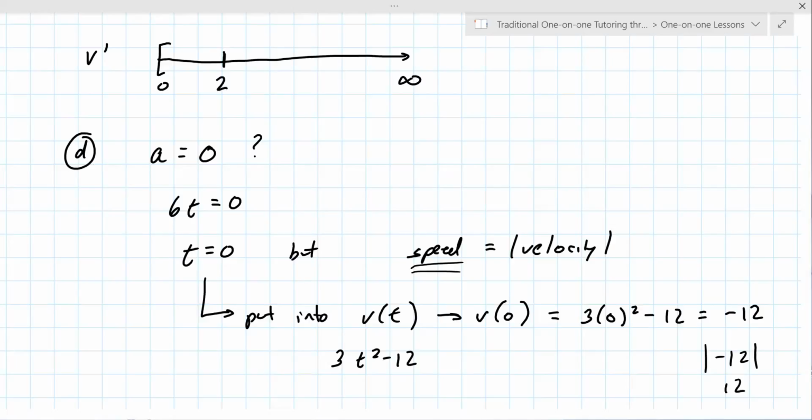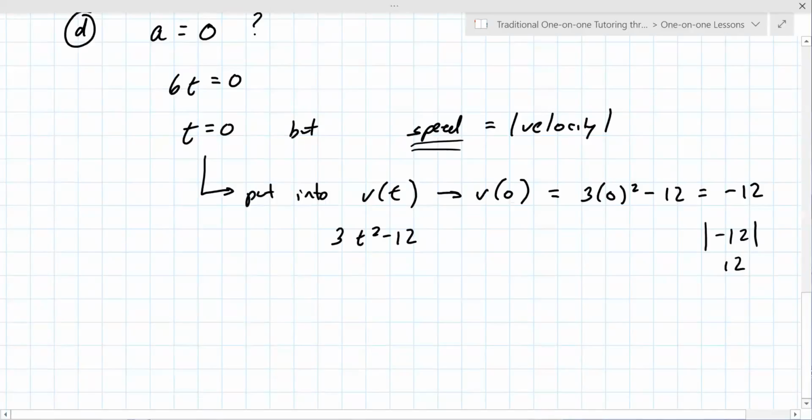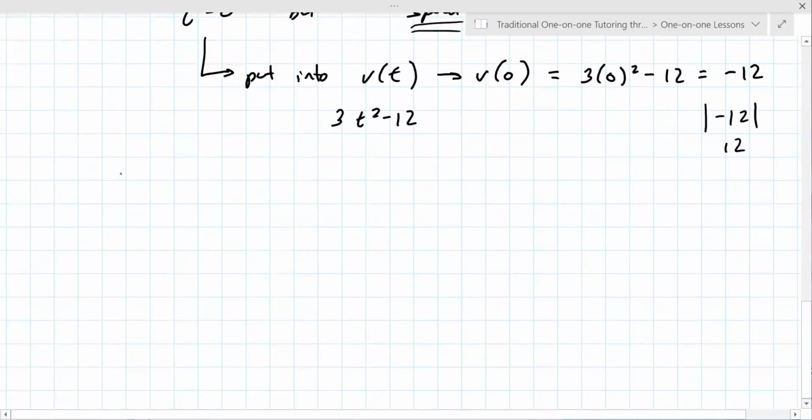All right, is the particle moving toward the origin or away from the origin when t equals 3? Justify your answer. Okay, so at t equals 3, there are 3 values that we can find: the x of t, so its position, its velocity of t, and then its acceleration of t.